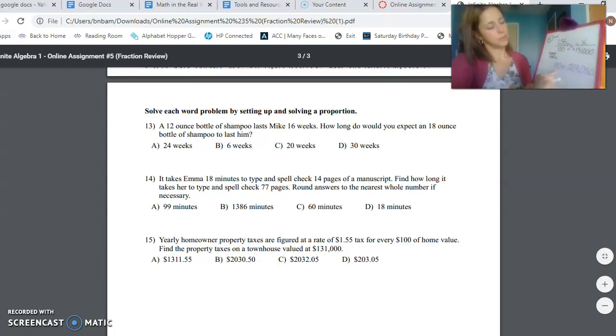And then to solve this, we have 100 times X here, so I have to divide both sides by 100. And so we get $2,030.50. So they would have to pay that in taxes for their townhouse.